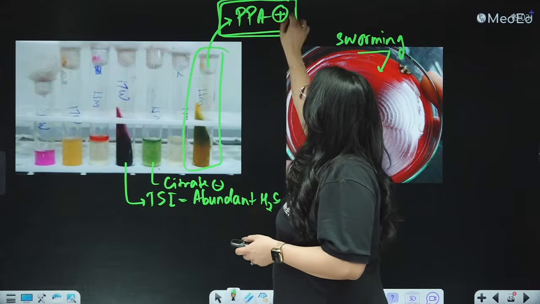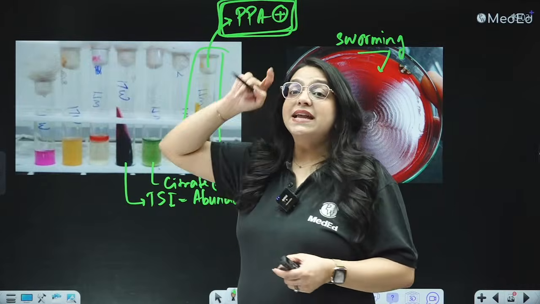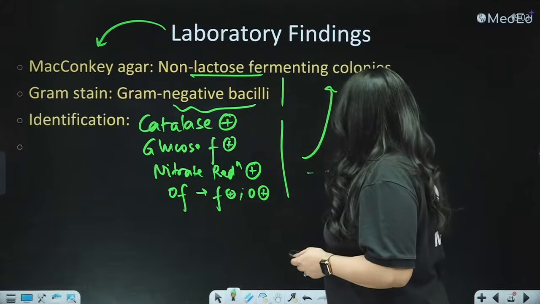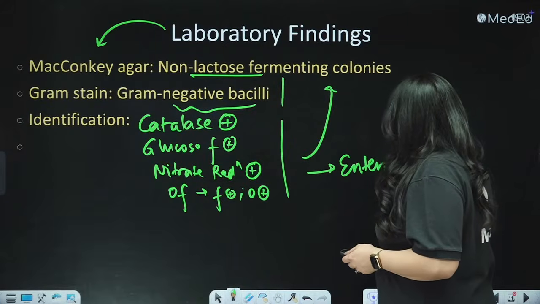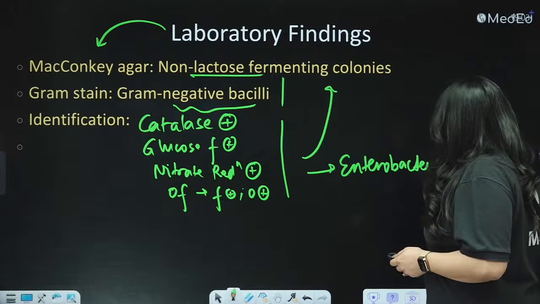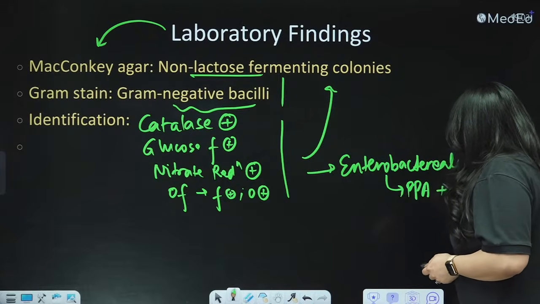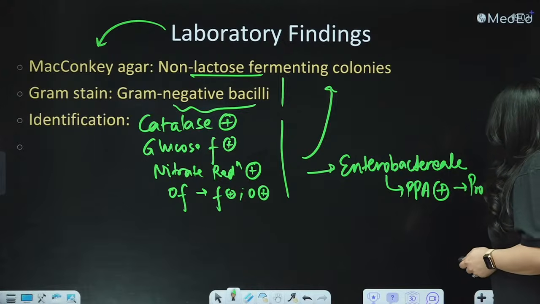We know that PPA positivity is the characteristic feature of the Proteae family. So up till here I know that this is some Enterobacterales. And since this Enterobacterales is PPA positive, I know that it belongs to the Proteae family.